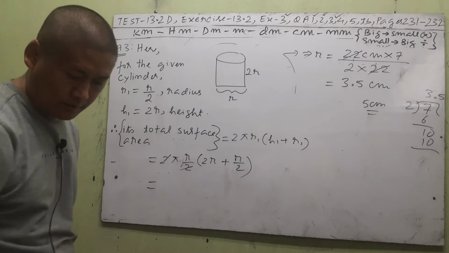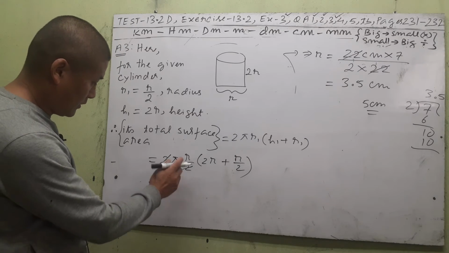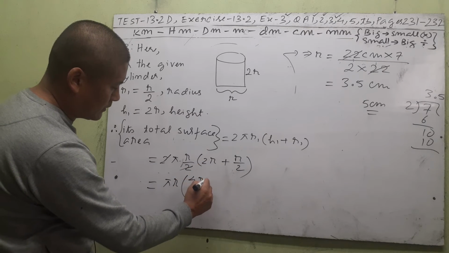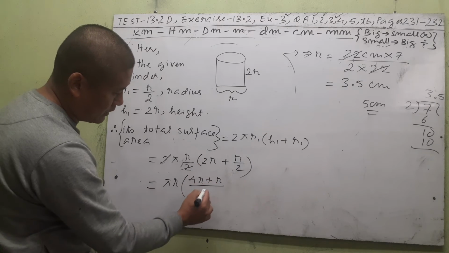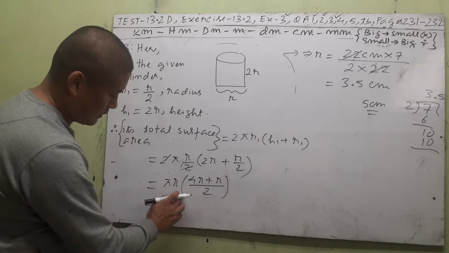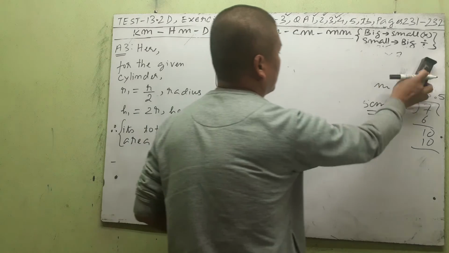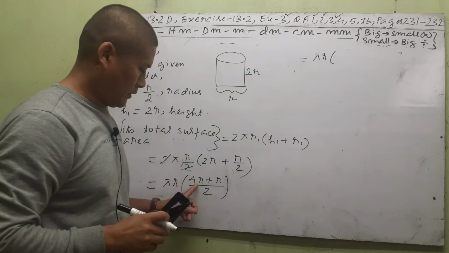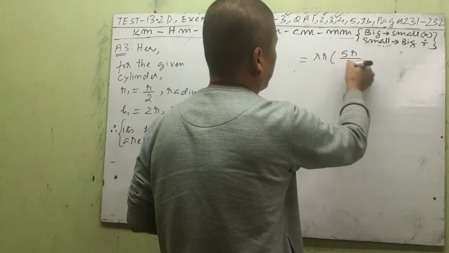This 2 and 2 can cancel, and let's see the choices there. Okay, so 5 by 2 is the answer. Anyway, so here pi r only is left. To deal with this part, 2 2s are 4r plus r means 1r, divided by LCM 2. So pi r into 4r plus 1r, 5r divided by 2.